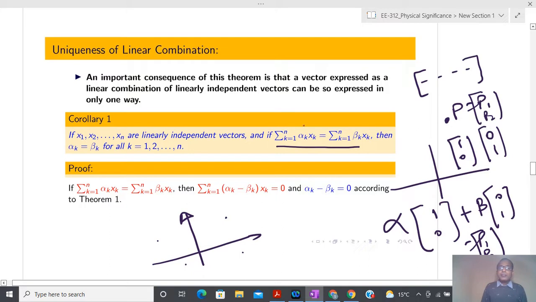Basically that is called coordinates. Okay, so I have selected a coordinate frame. How did I select it? With this kind of linearly independent vectors. Once you fix that, the representation of all points is unique, and that is our requirement also.